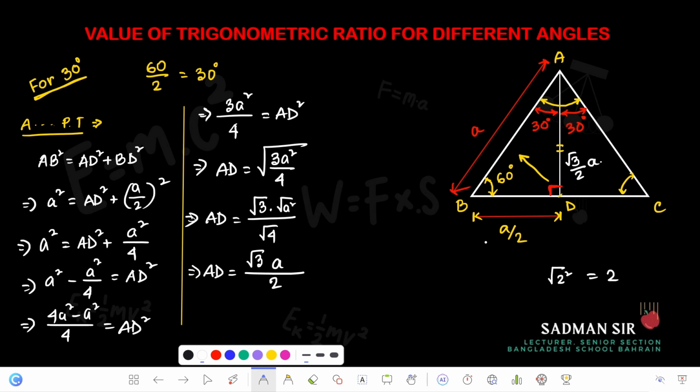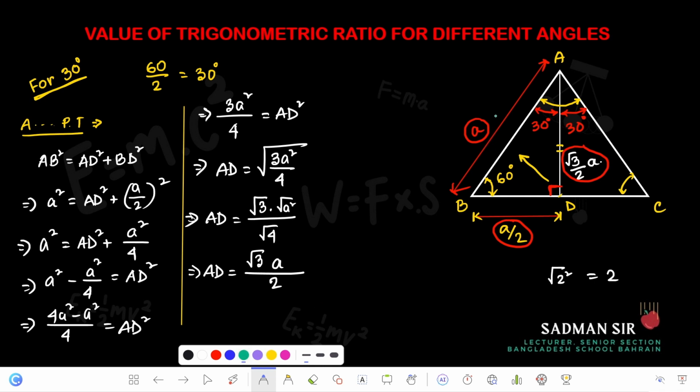Okay, so we know the length of all the three sides, correct? Let me circle it out for you. This one and this one, and the length of this side is this. Now don't forget to name them, like which one is hypotenuse, which one is, for example, opposite and adjacent, like that.